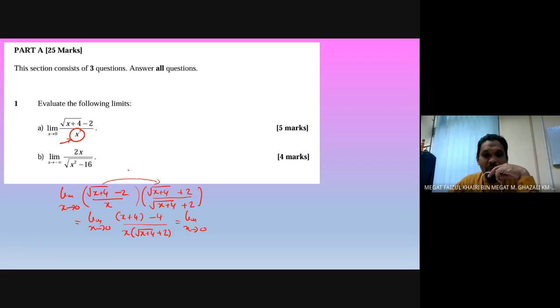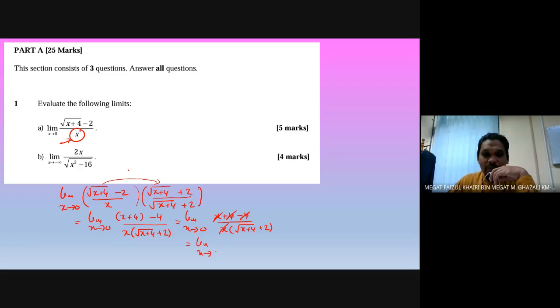Okay, limit x approaching 0, x plus 4 minus 4 divided by x times square root of x plus 4 plus 2. Okay, 4 minus 4, and x divided by x. So what's left here now?